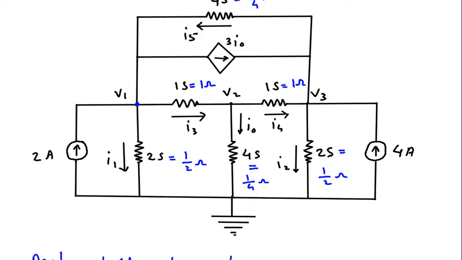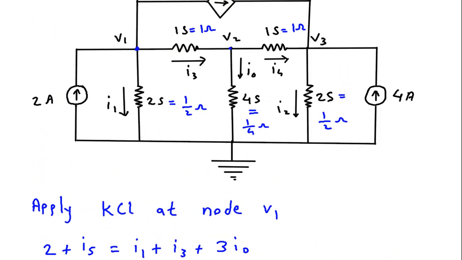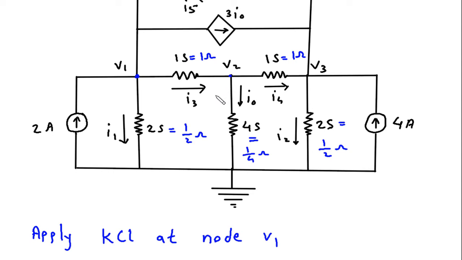Now we will apply KCL at node V2. So entering current at this node is I3.